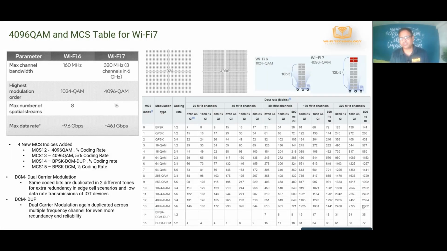Most implementations will be 4x4, which means that the theoretical PHY rate can go up to 4 times the 2.8 gigabits per second. And in our testing, we have seen that most stations that we are using are 2x2 MIMO stations. So if you're looking at throughput, then you're using really only 2x2.